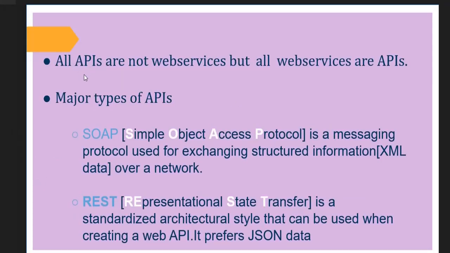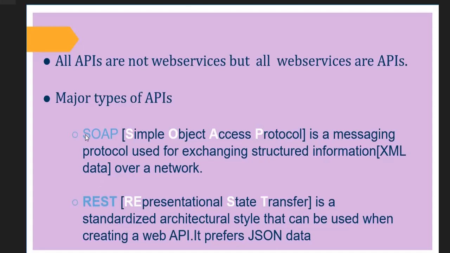Before we go to that example, we have to remember these two types. We have two types of APIs. Majorly we have other types also, but we are going to use SOAP service or REST service. In MuleSoft or any integration platform, they will prefer REST service over SOAP service, because REST is very easy to learn and it's a handy service.